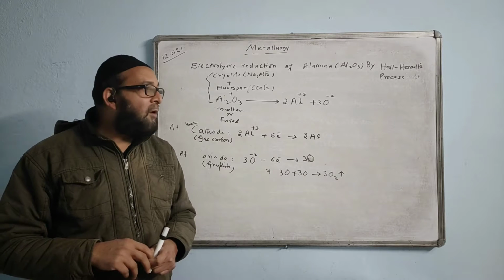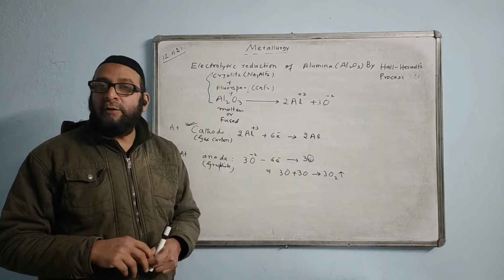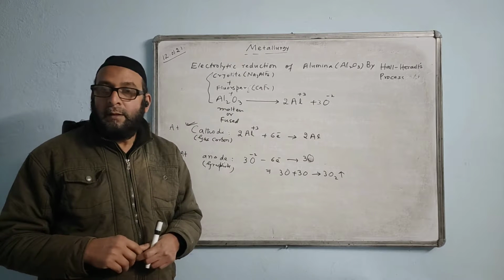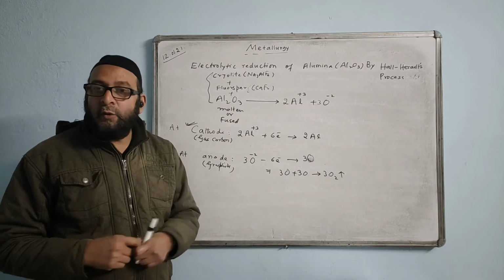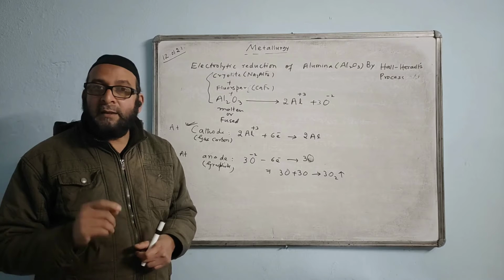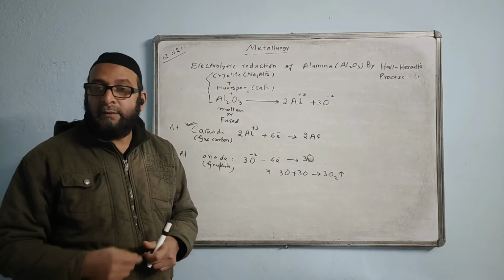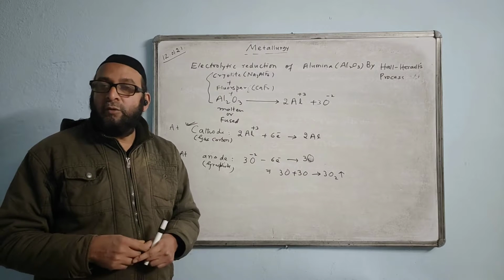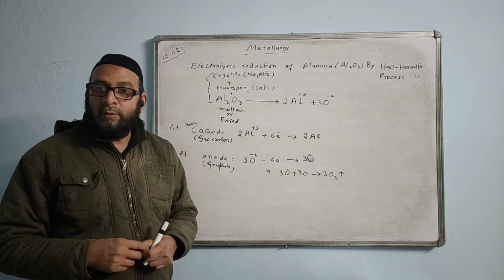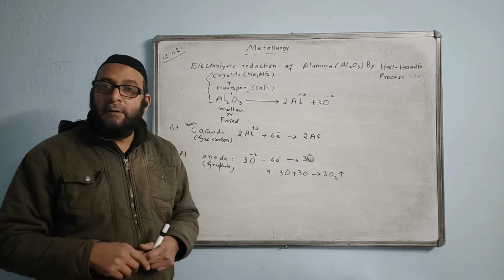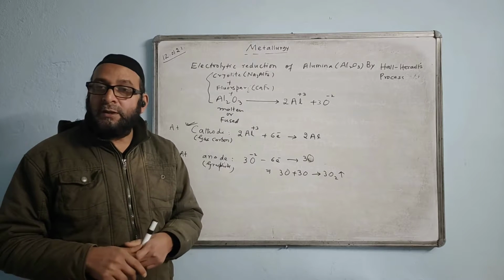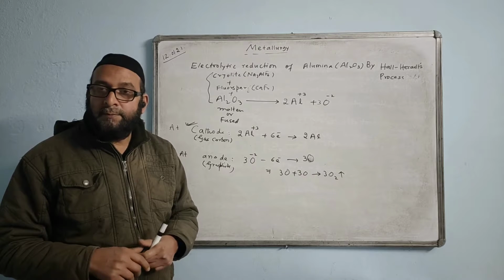A question very often they ask: during the electrolytic reduction of pure alumina, a number of anodes are used and why are they renewed periodically? The question comes like this. And the reason, I think you know the reason now. Because a number of anodes will make the electrolytic process last longer.